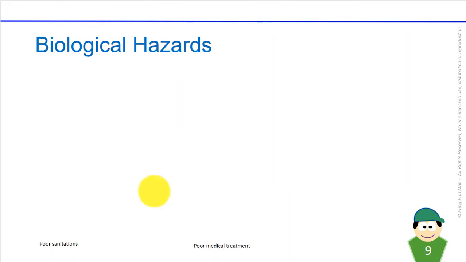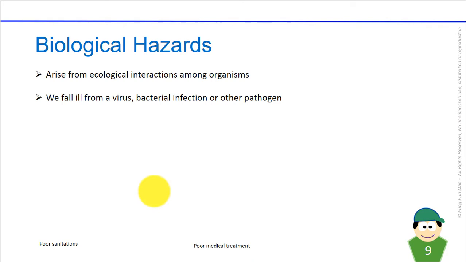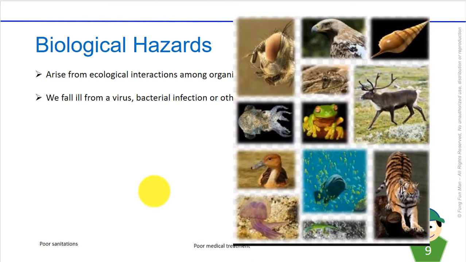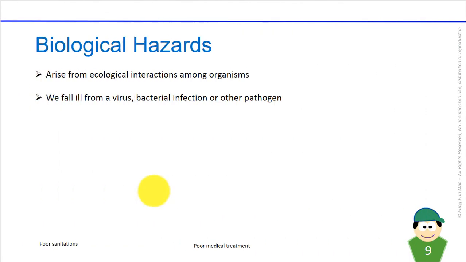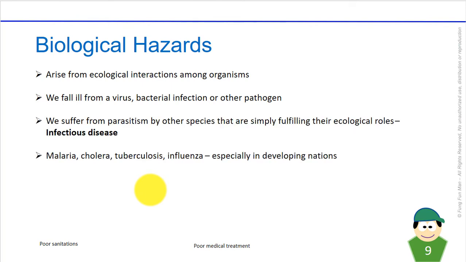And we have biological hazards. These result from the ecological interaction among organisms. When we become sick from some virus, bacterial infection, or other pathogens, we are actually suffering from parasitism by other species, who are using our body as a host site to fulfill their ecological role. That's why we call them infectious diseases.